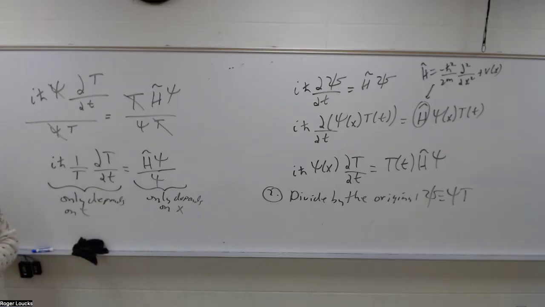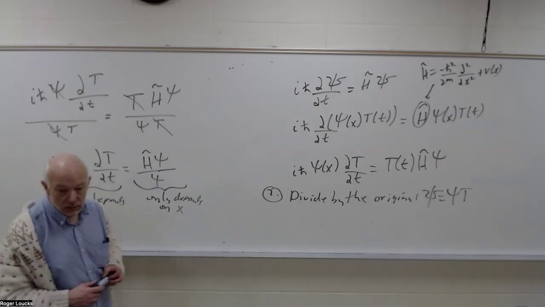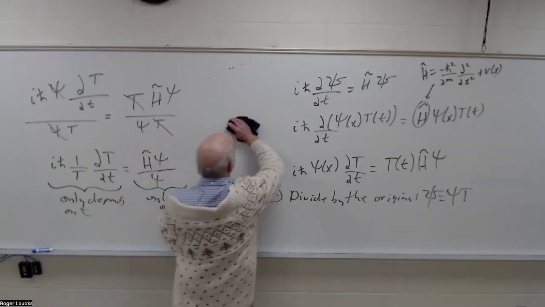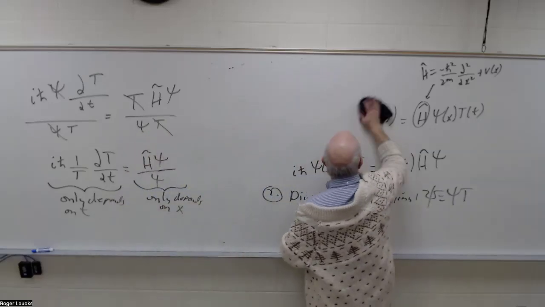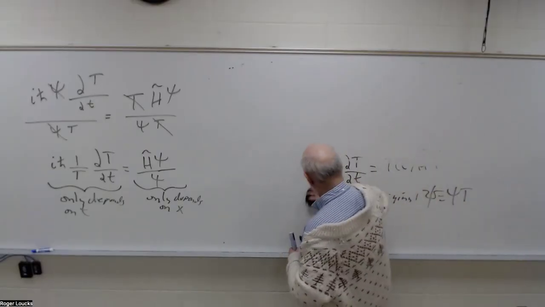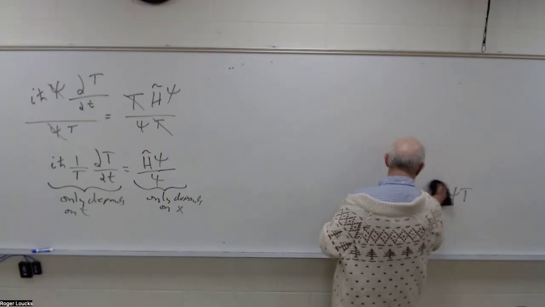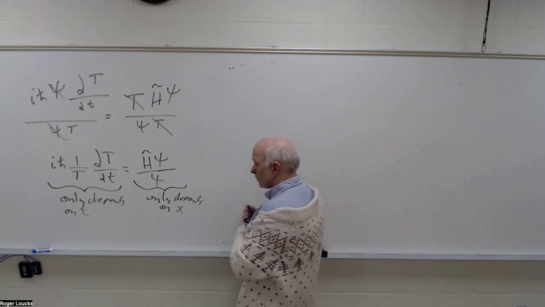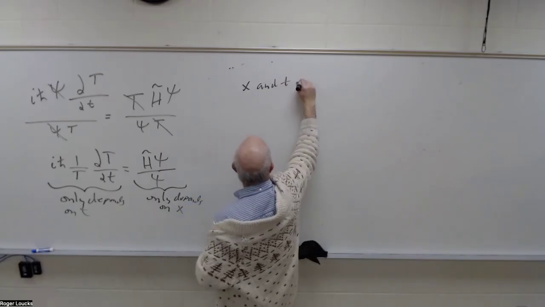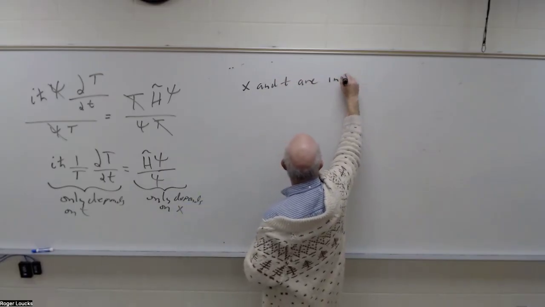Now, what do you know about the variable x and the variable t? They are mathematically independent variables, right? Okay. X and t are independent.